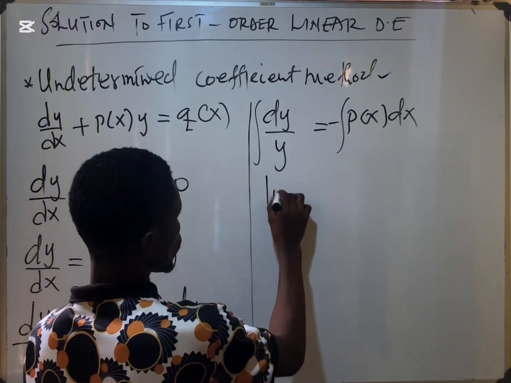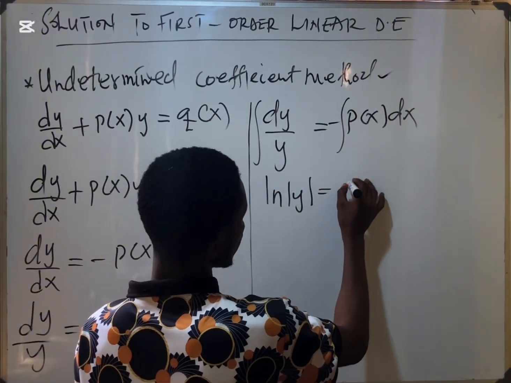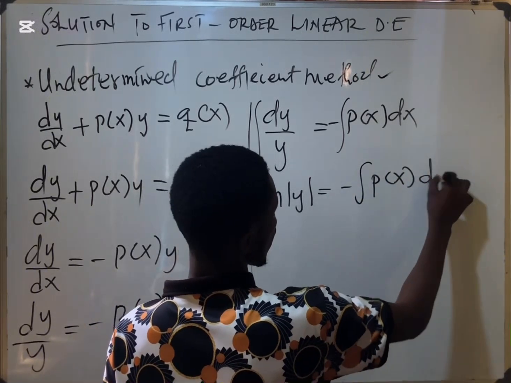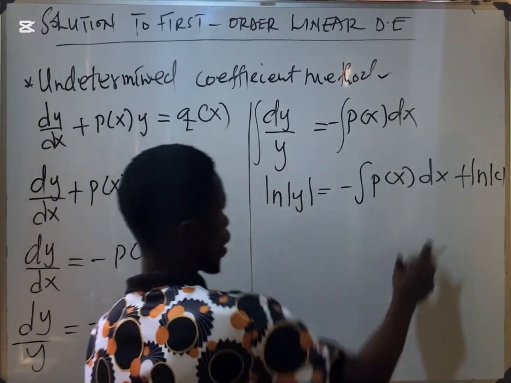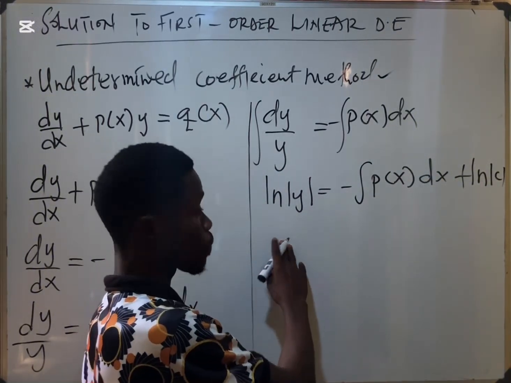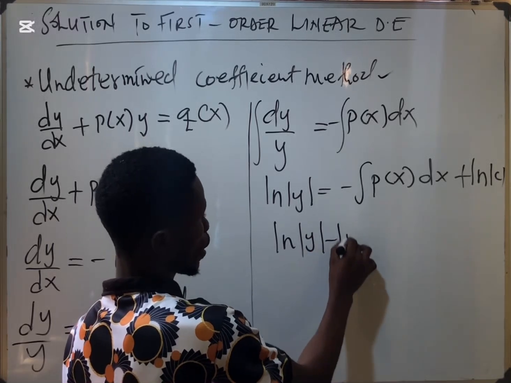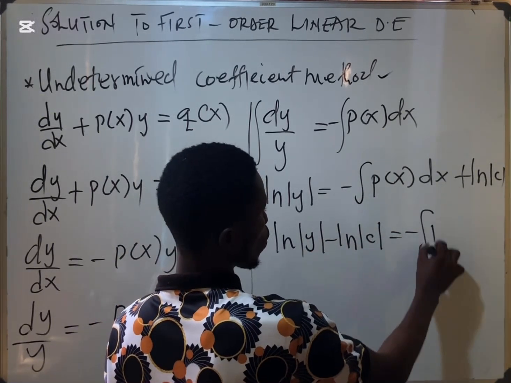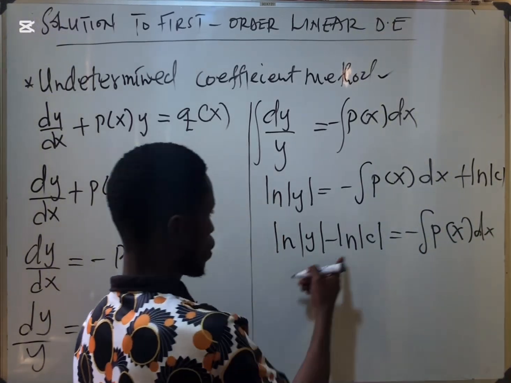And this is going to give us ln y equals negative integral of p of x dx plus ln c. So I can bring the ln c to this side, so I'll have ln y minus ln c equals negative integral of p of x dx.